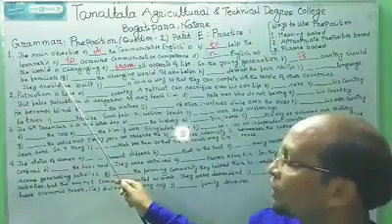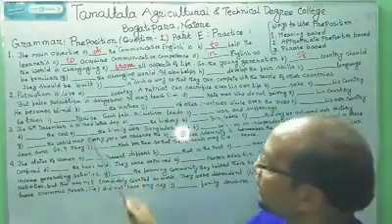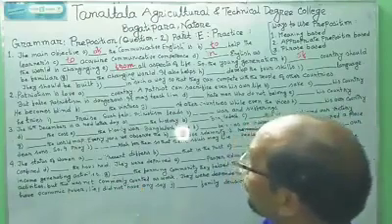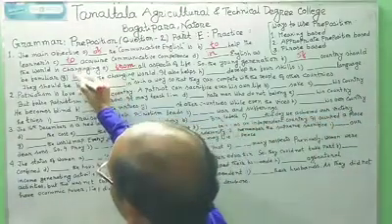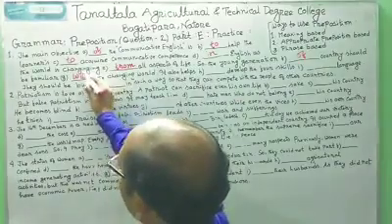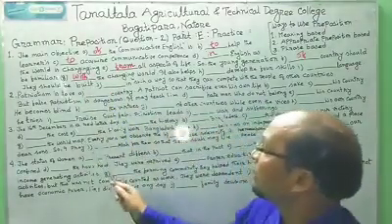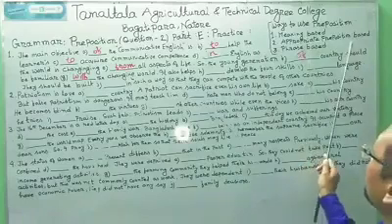Familiar takes preposition to or with. Here we use familiar with. Known. Familiar with is its appropriate preposition.